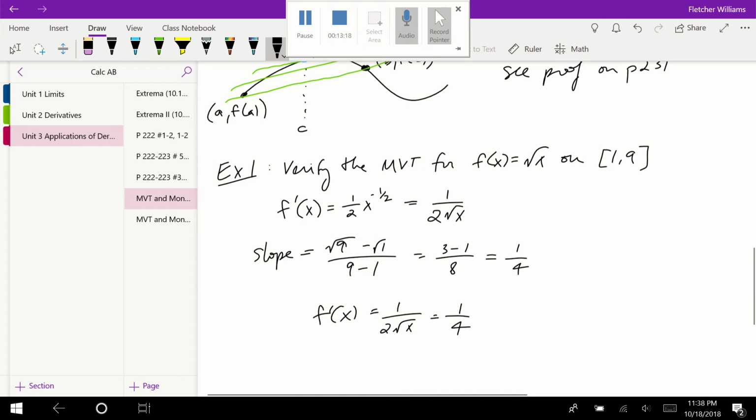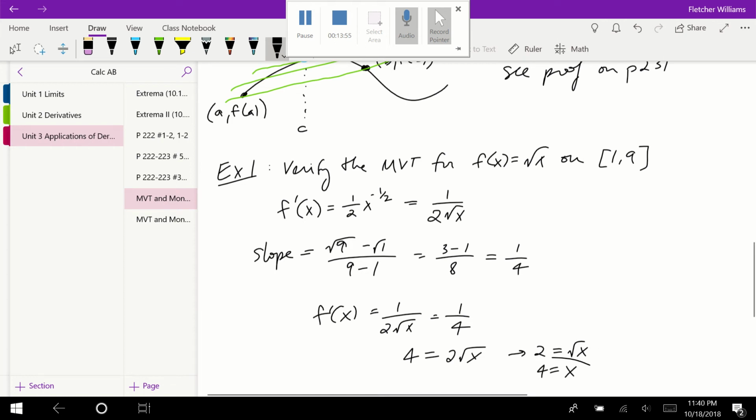Okay, and so in doing this, you'd solve, you could cross multiply. 4 equals 2 root x. Then as you solve, you'll divide both sides by 2. Leaves you with 2 equals root x. To get x by itself, you square both sides. So 4 equals x is a critical point.